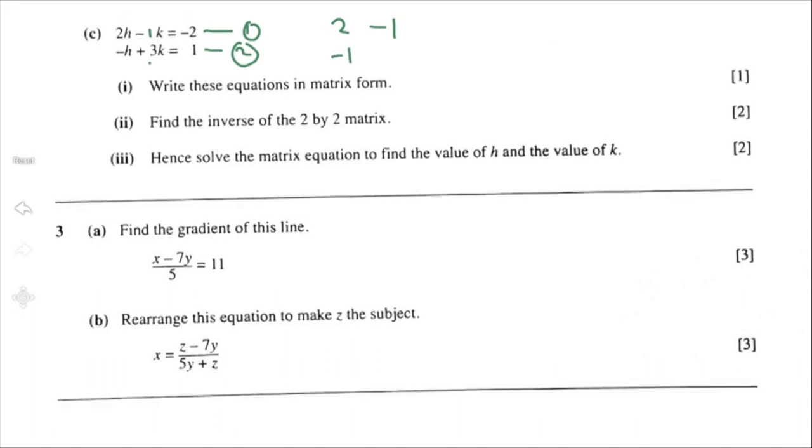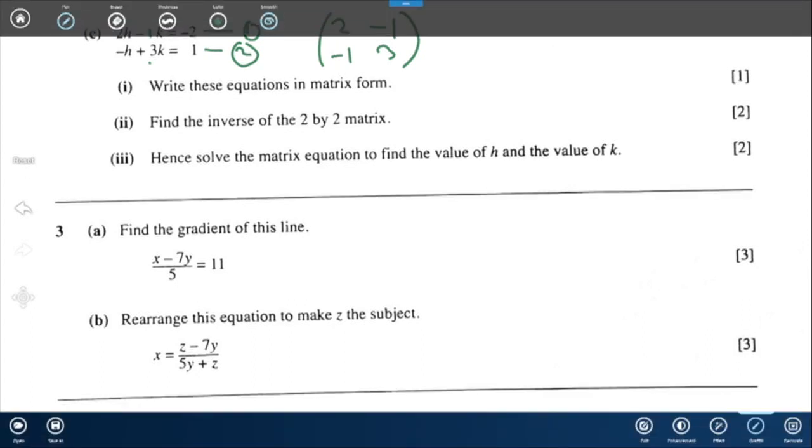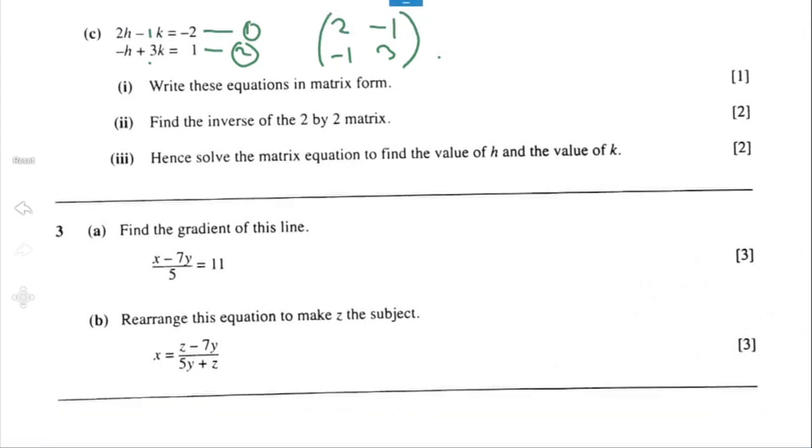It's negative 1. And the coefficient of k in that second equation, it's what? You can see that it's a 3. Right? And then you can have the two variables. So the first variable is h. And the second variable is k.